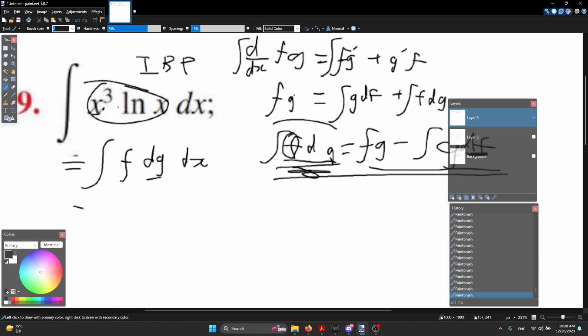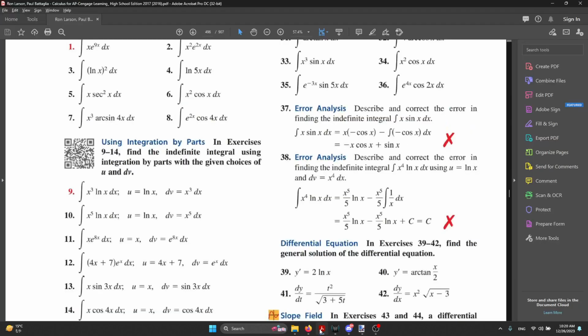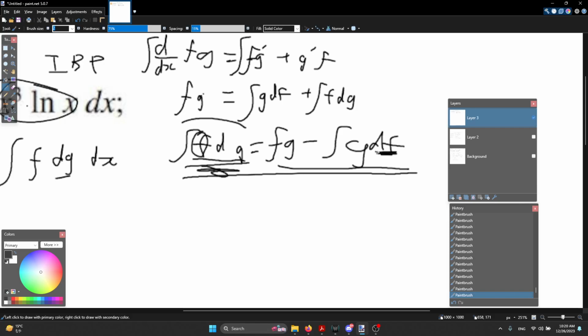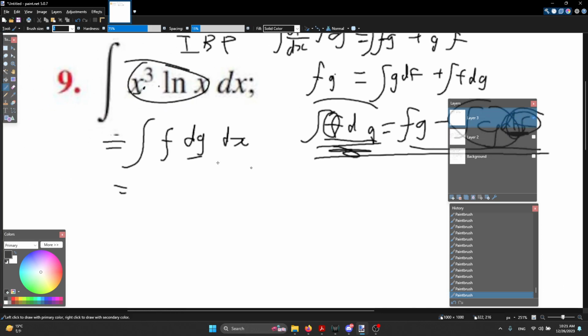So I'm just gonna say that I'm gonna set u as natural log of x for some reason, because this is a simple rule then. So f is the thing you're taking the derivative of, the one that you want to make a constant, so that you only need to integrate g.